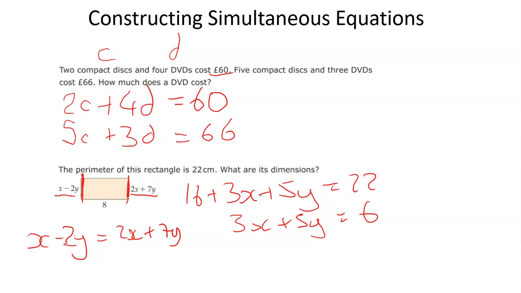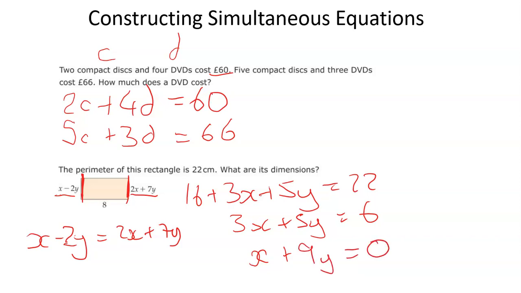If we then rearrange this, same as we did here, with all the x's and y's on one side, we will take away an x from both sides. So 2x, take away the x, is just an x. The 7y, we're going to add the 2y, because we've got to do the opposite, move it over to the other side. So that's going to be plus 9y, and that leaves nothing on the other side.